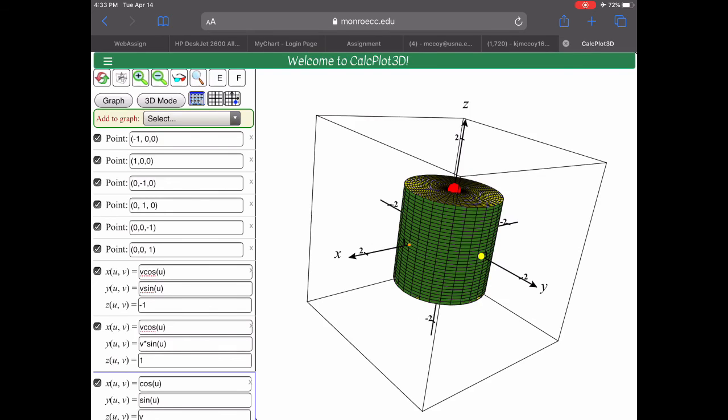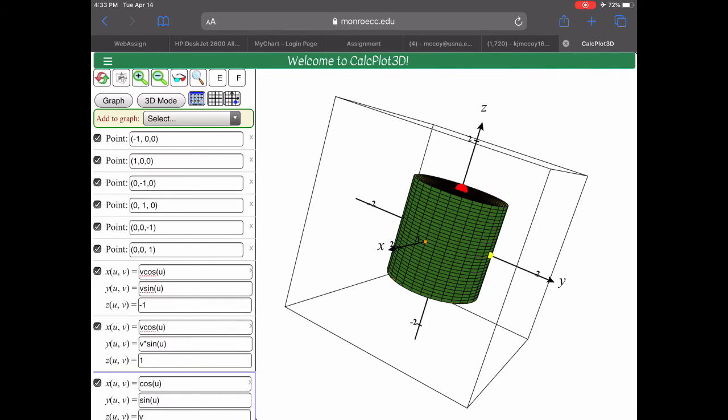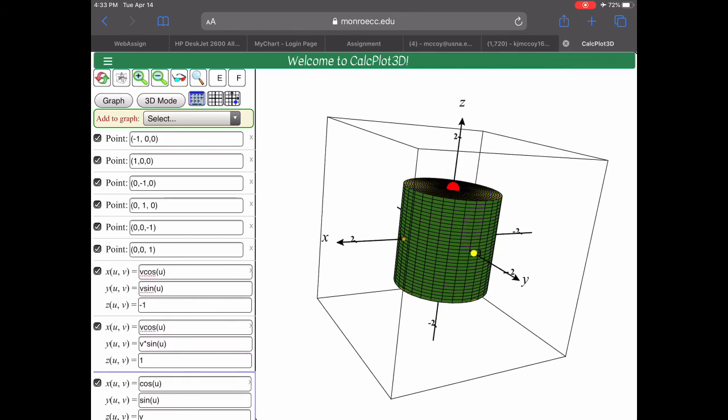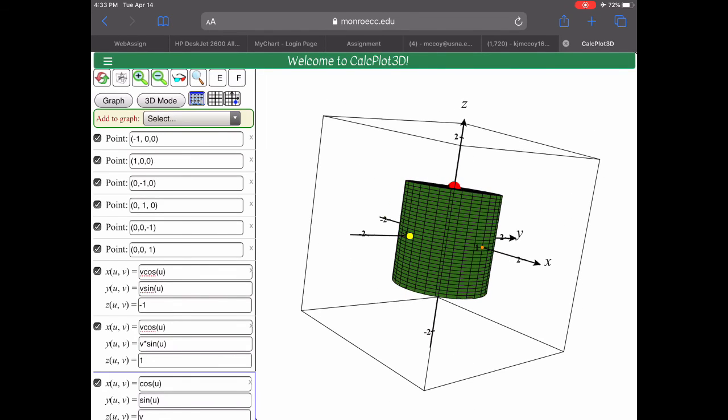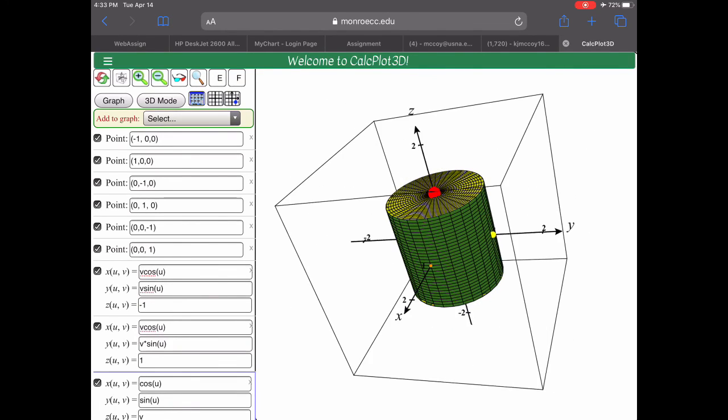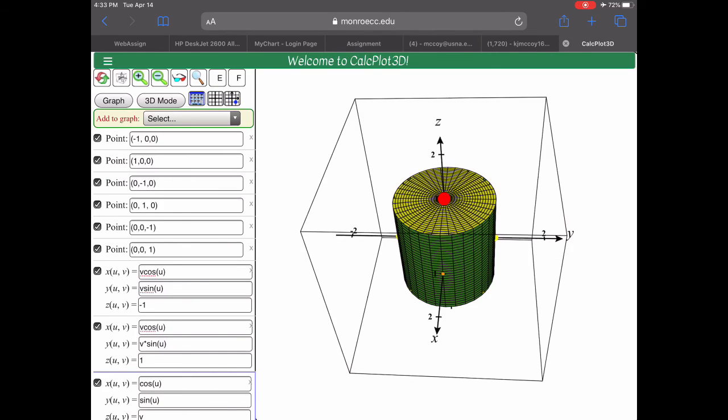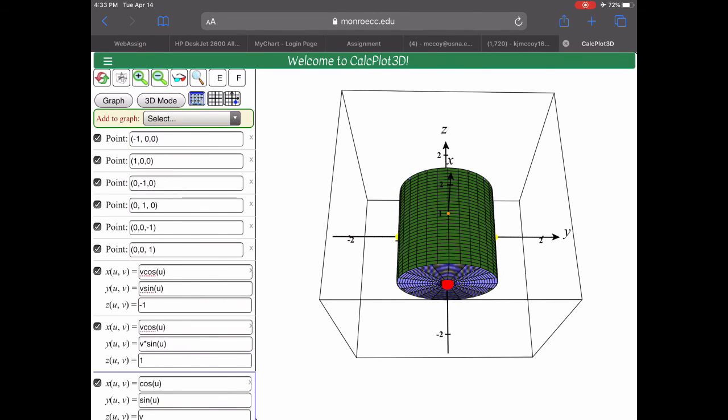So that's representing that particular quarter of the cylinder. And then if I flip it around to the other side of the y-axis, you can see it's exactly the same thing. And then on the top there, the z-axis, you can see that I have a much larger dot because it had the largest of the surface integral values. And then if I show you the bottom, exactly the same thing.